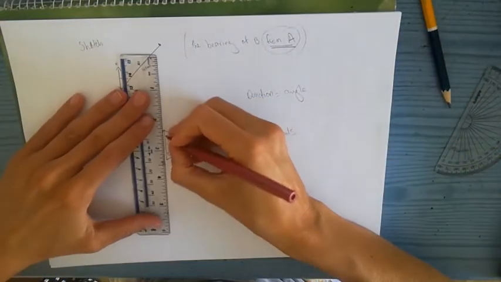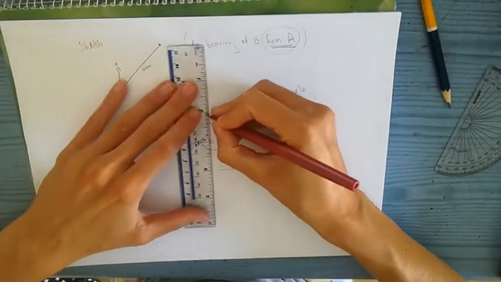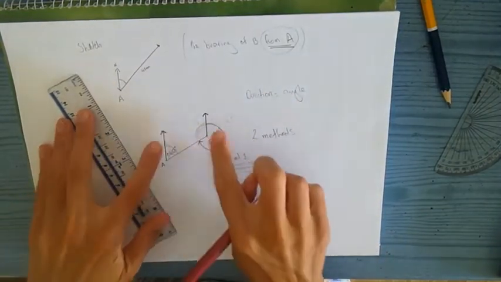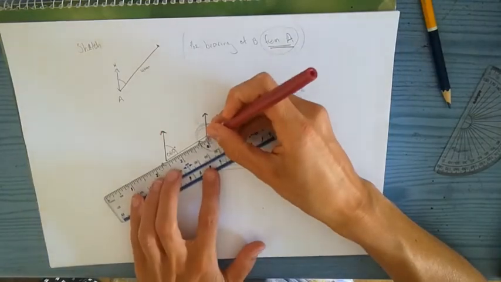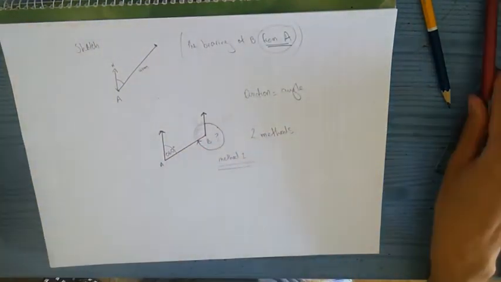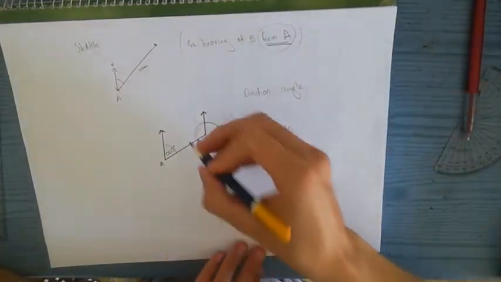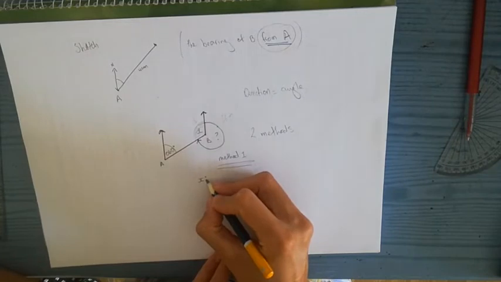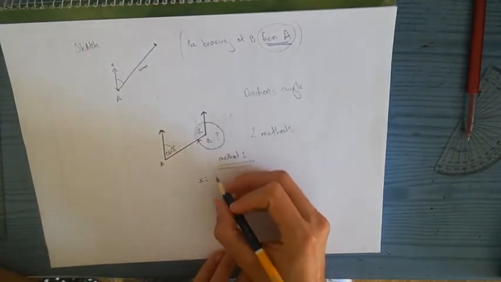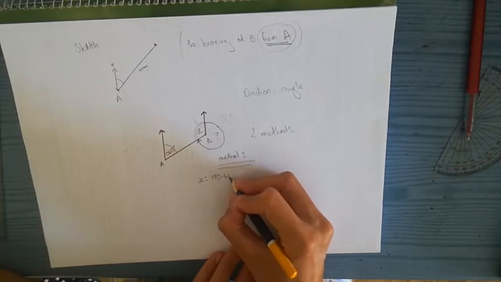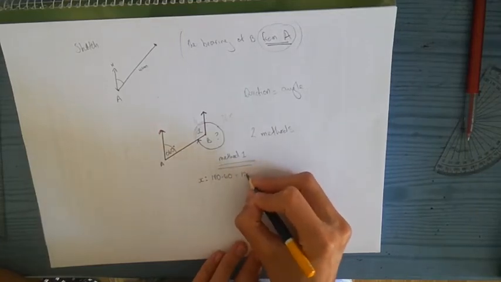You know, as one of your angle facts, that since these 2 are parallel, and I know they're parallel because they're moving in the same direction, I know that they add up to 180, and the reason would be interior angles. So if I have to call this an x, I just do 180 minus 60, which is equal to 120 degrees.